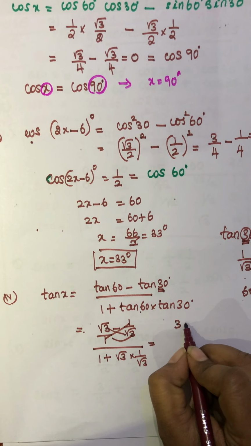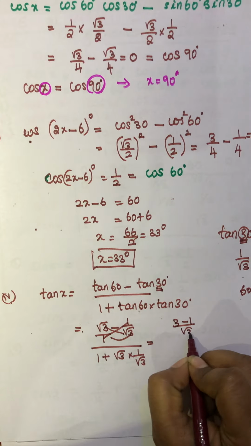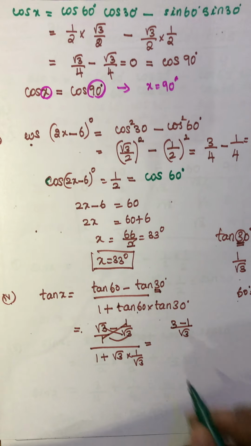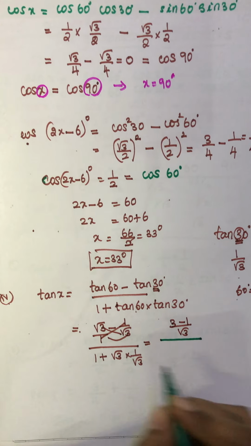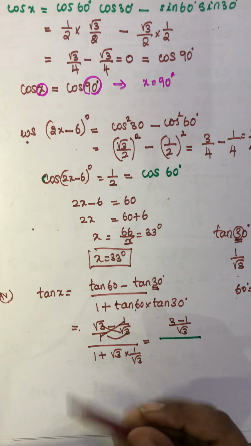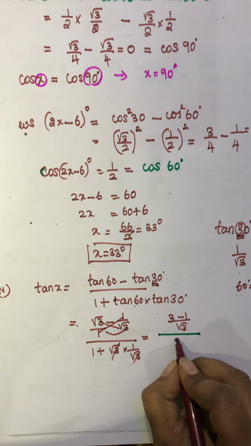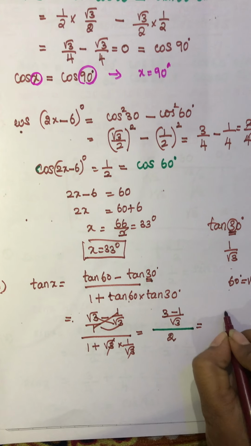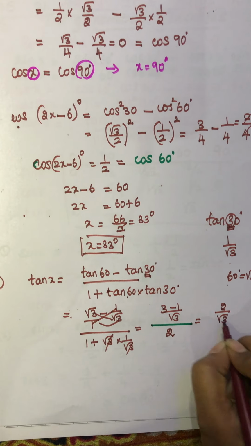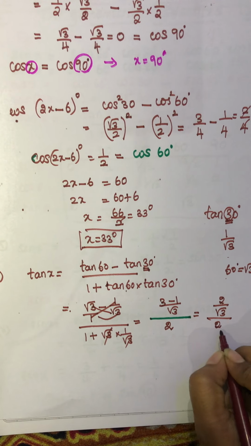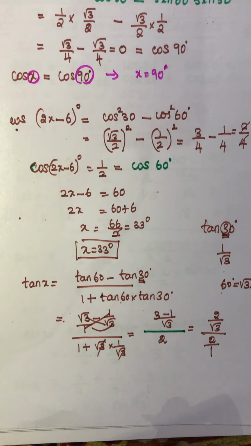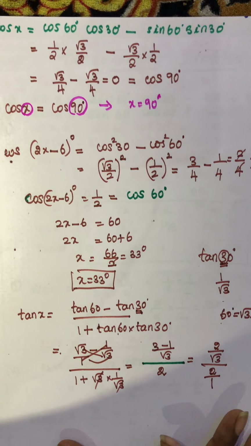So root 3 into root 3 minus 1 by root 3, divided by, you can cancel root 3, so 1 plus 1, that is 2. So this is 2 by root 3 divided by 2 by 1. So we get a reciprocal.